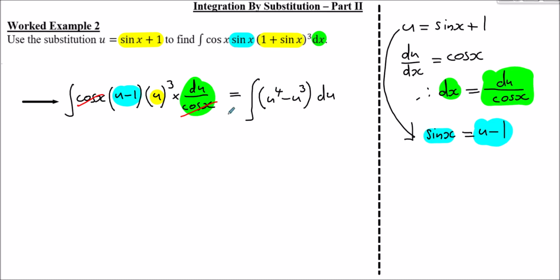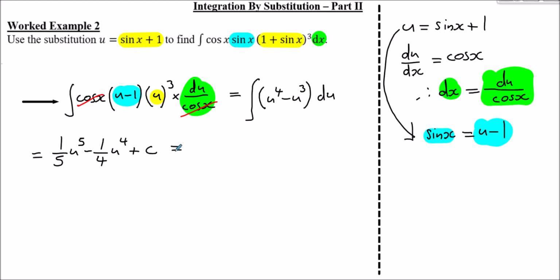So if I integrate u to the 4 with respect to u, that'll just give 1/5 u to the 5 minus u cubed. The cubed will become power 4, and divided by the u power gives me a quarter, or minus a quarter, u to the 4 plus c.